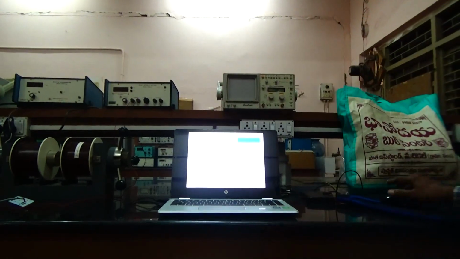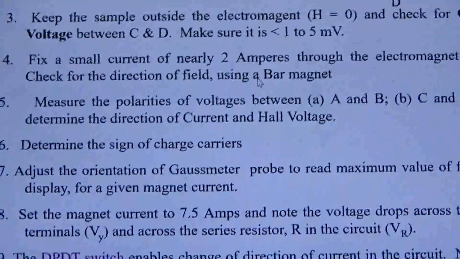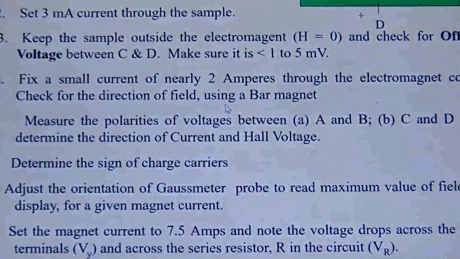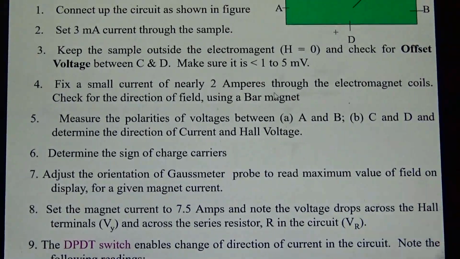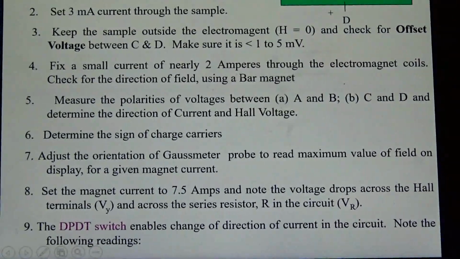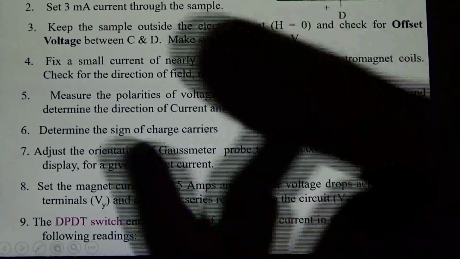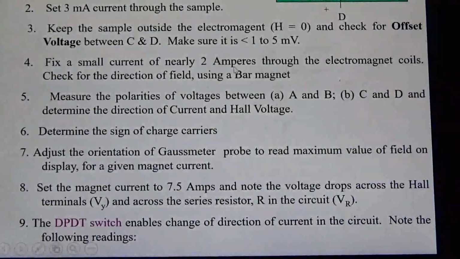For that, I set up a small current, and then using a bar magnet or a deflection magnetometer, I can see the direction of the magnetic field. If I know which one is the north pole of the bar magnet, I can see whether it is attracted or repelled when placed in the magnetic field.